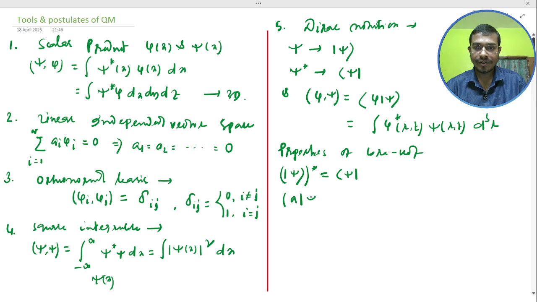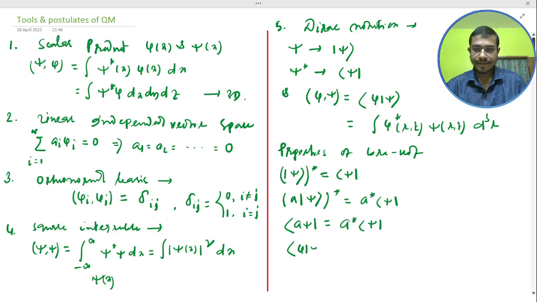The conjugate of A acting on psi is A star bra psi. Bra of A psi is A star bra psi, and <phi|psi> whole conjugate is the interchange of psi and phi. Okay.